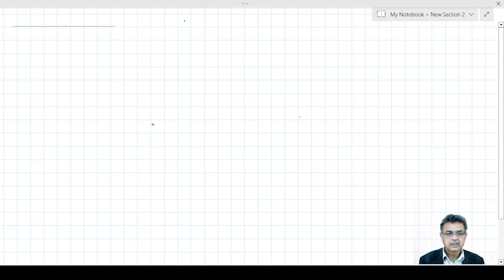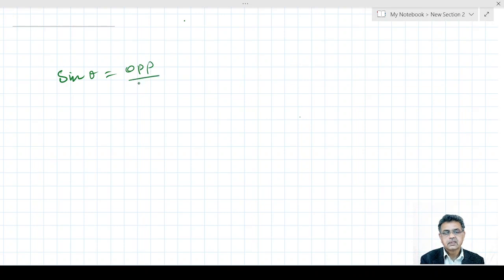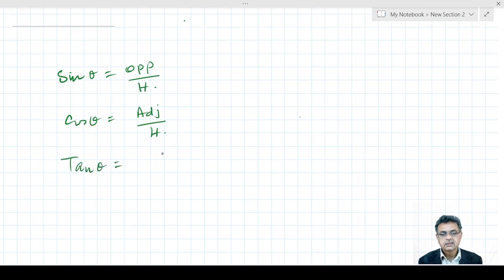Initially we have done these three ratios: sine theta is equal to opposite over hypotenuse, cos theta is adjacent over hypotenuse, and tangent theta is opposite over adjacent.